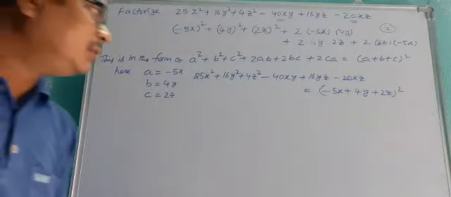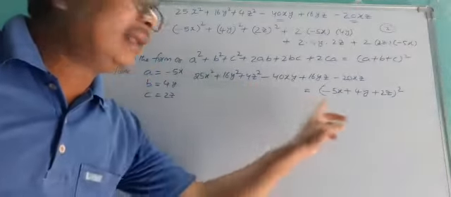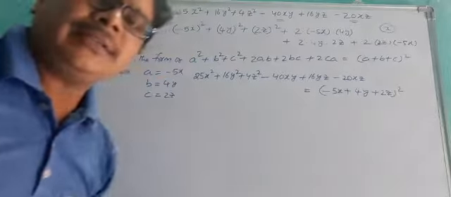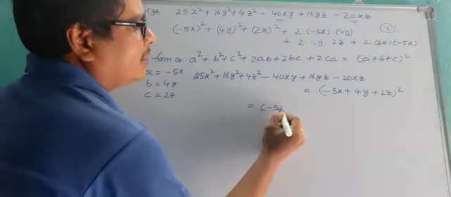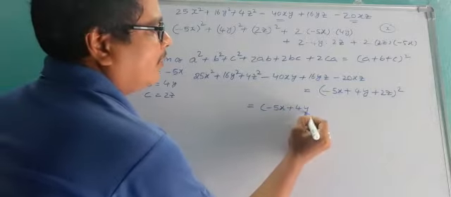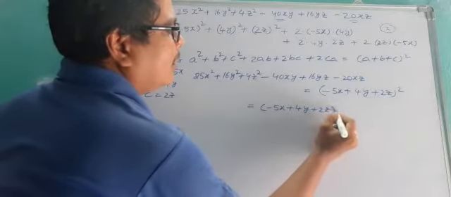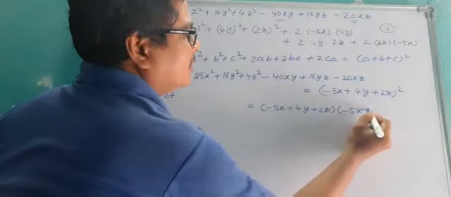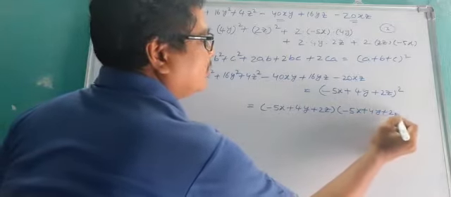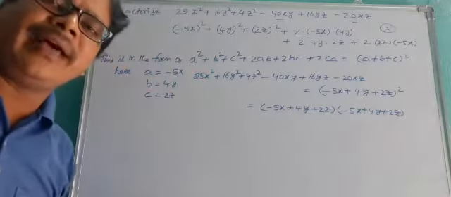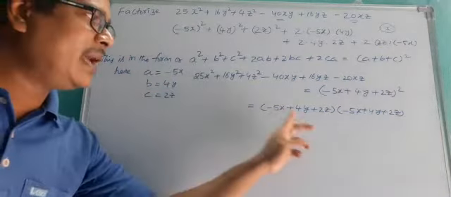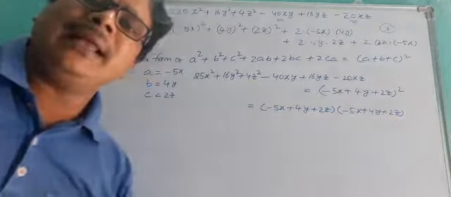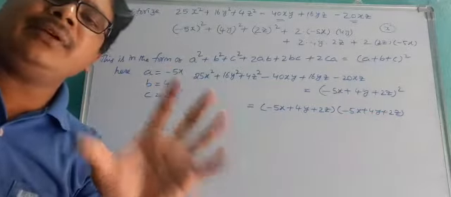So now the given polynomial can be expressed as a product of two other polynomials. What are they? Minus 5x plus 4y plus 2z into minus 5x plus 4y plus 2z. This is known as factorization.